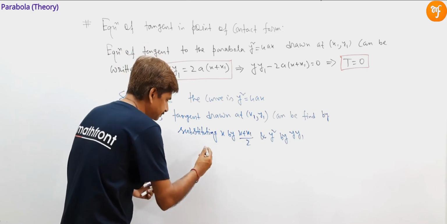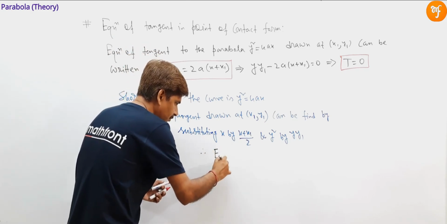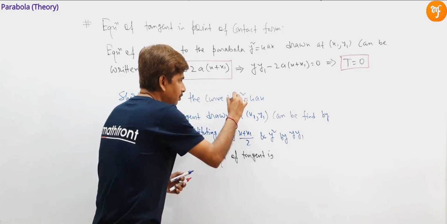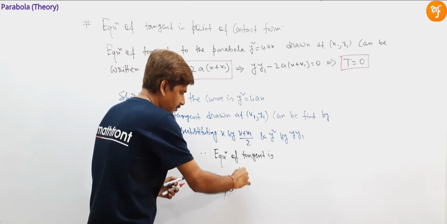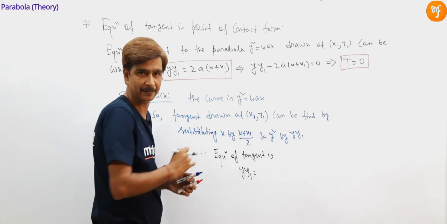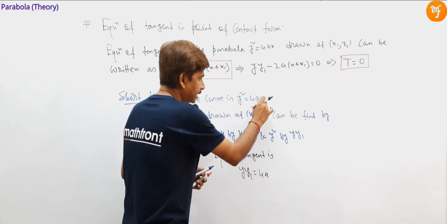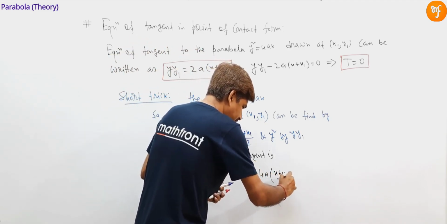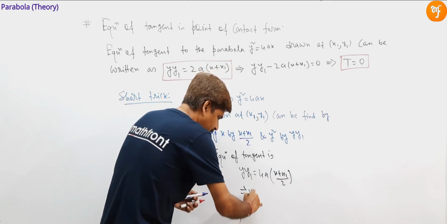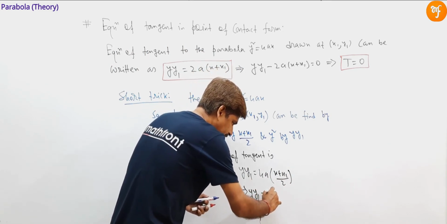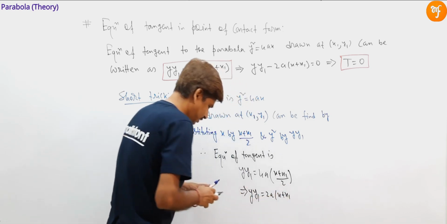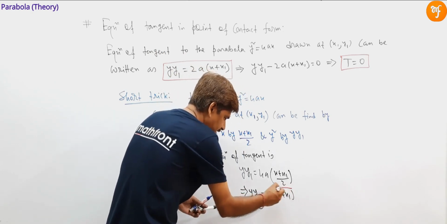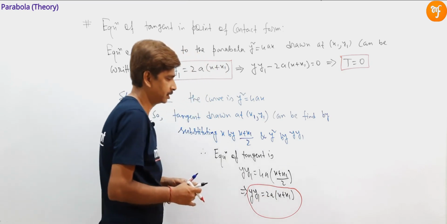Therefore, equation of tangent is, look, we are substituting y square by y into y1 in the equation of curve, and it is equal to 4a, x is substituted by x plus x1 by 2. So this is simply y into y1 is equal to 2a into x plus x1. Got it?